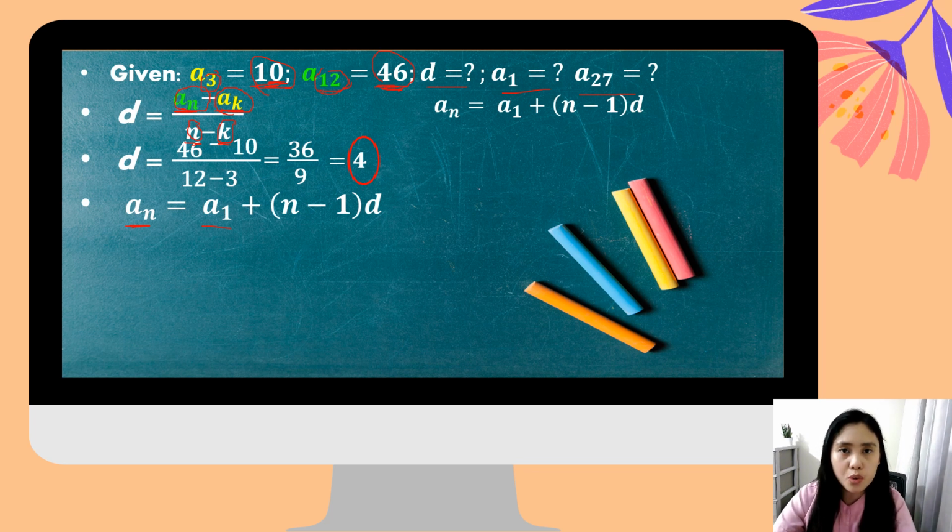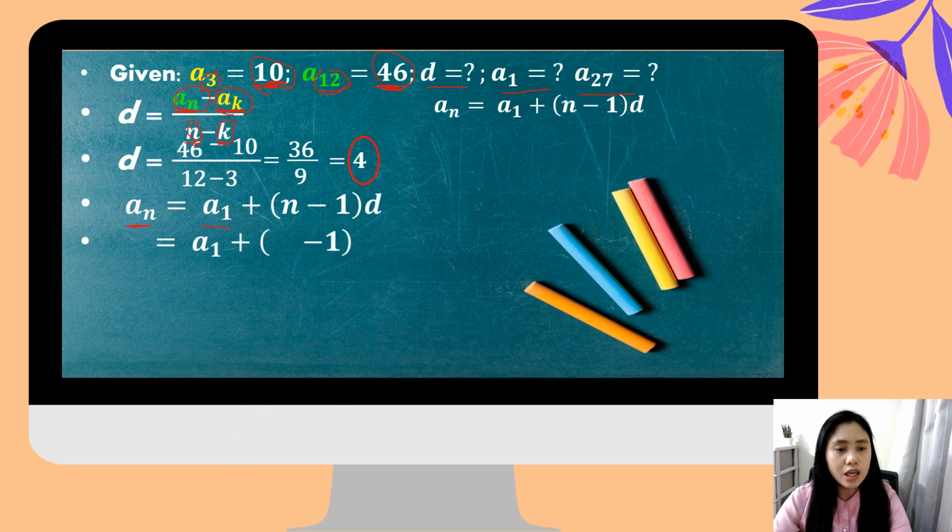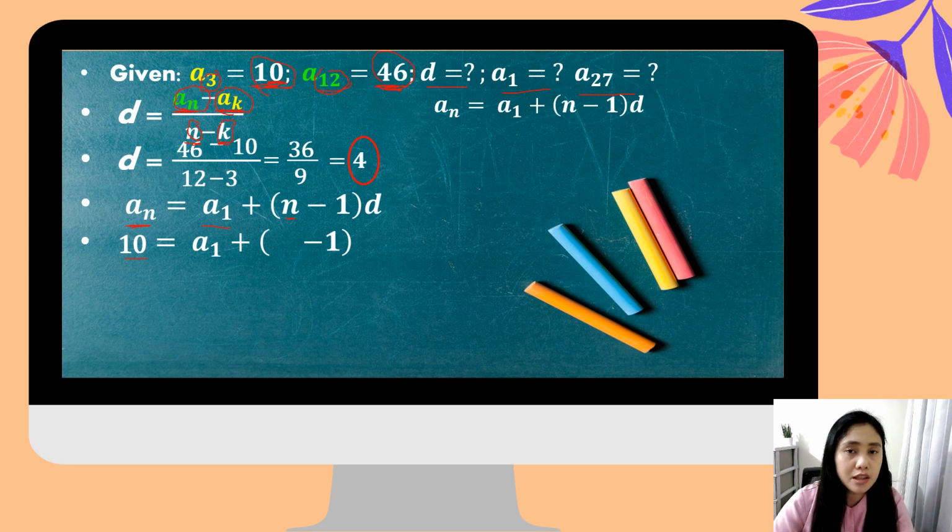So, let me show you the solution. If we're going to use 10 as our a sub n, this will be the solution. We replace a sub n by 10. Then, since we use 10, the value of n should be the order of 10. Pang ilan ba si 10? Si 10 ay pang third term.